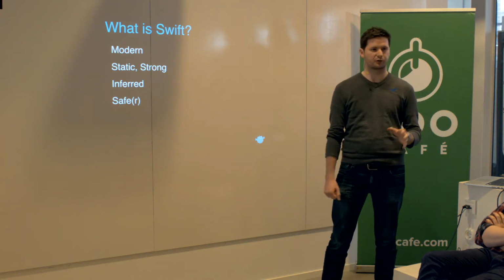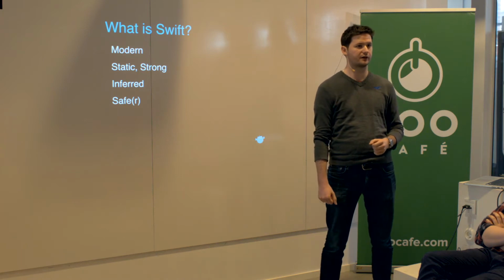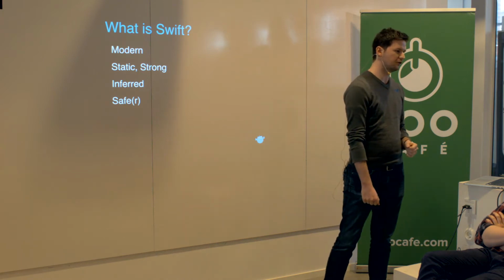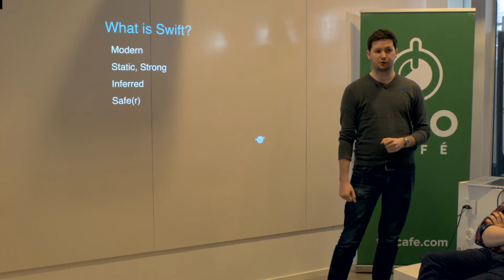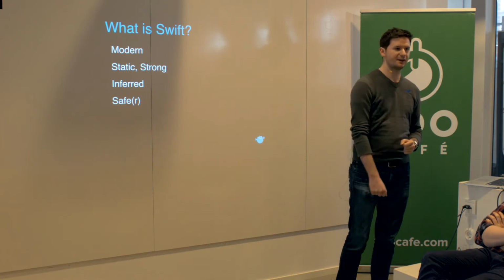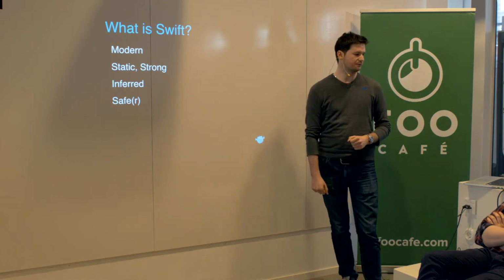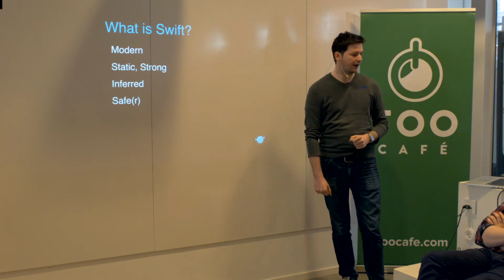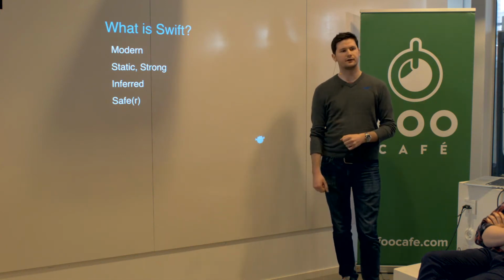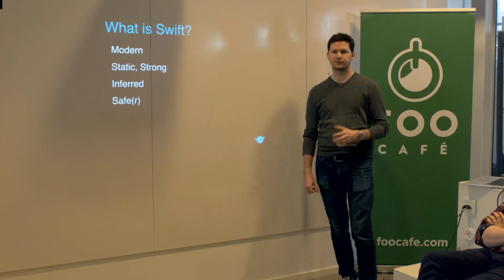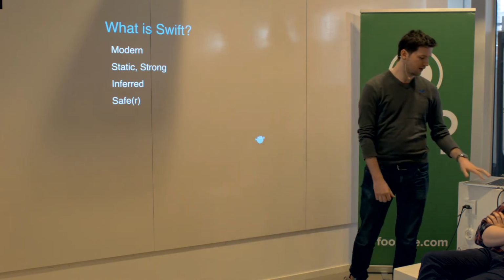For example, they enforce curly braces on if statements, so you cannot do any stupid goto fail, as Apple did in their own source code. And it also introduces some overflow securities as well to protect from those kind of errors.